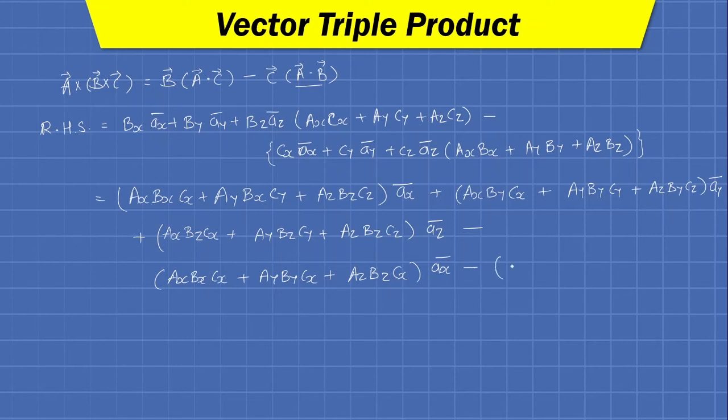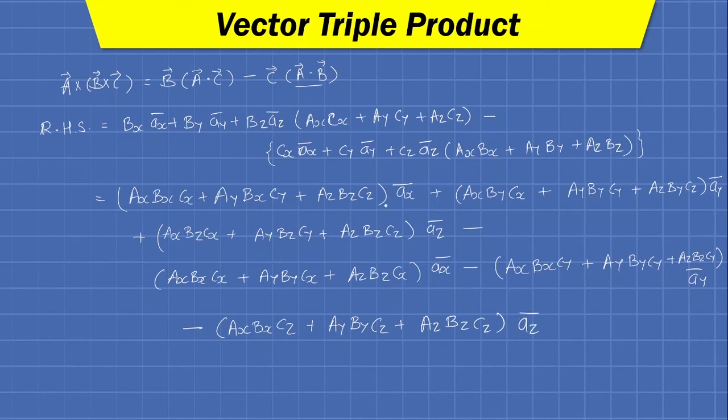So we will have AX BX CY plus AY BY CY plus AZ BZ CY AY bar, minus AX BX CZ plus AY BY CZ plus AZ BZ CZ AZ bar.